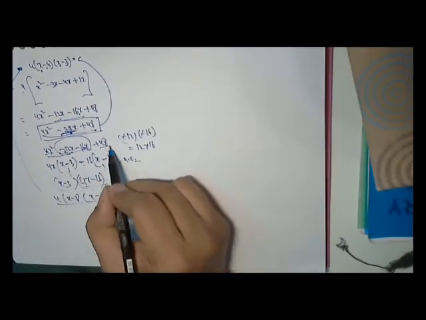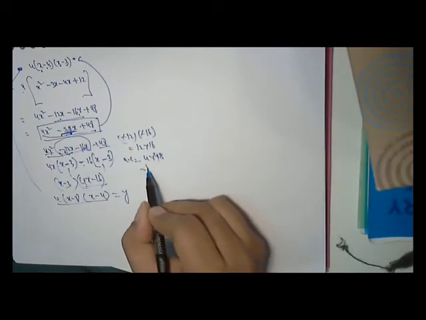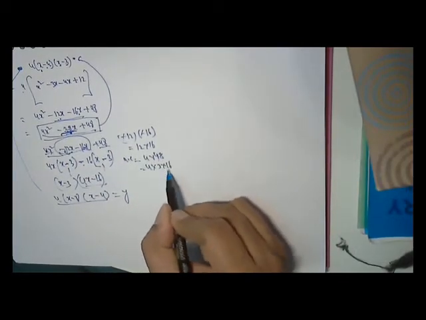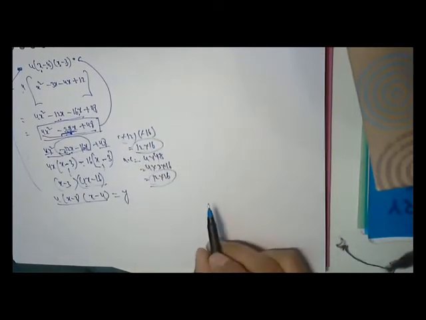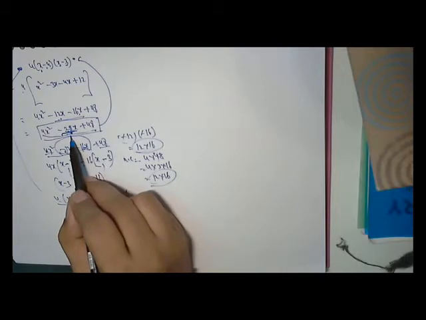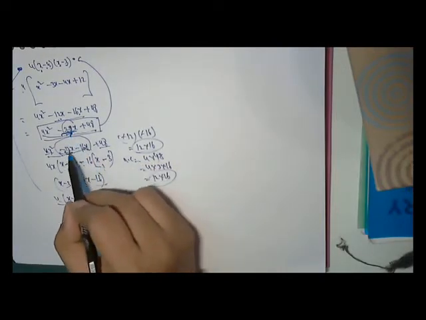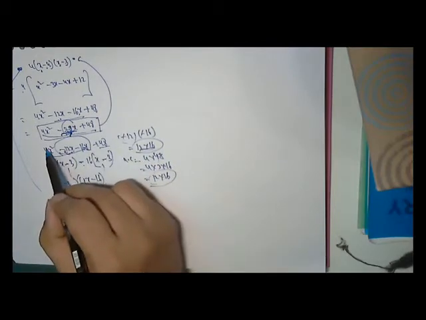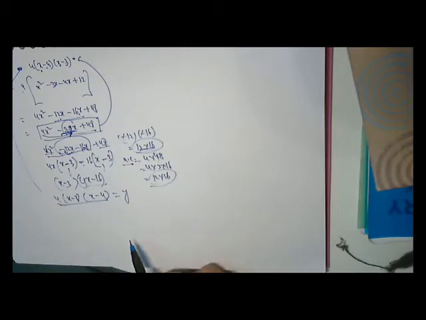A is 4, C is 48. 4 into 48 is 4 into 3 into 16, that is 12 into 16. So I split the middle term such that their sum is equal to B and their product is equal to A into C. Then I am getting the factorization method.